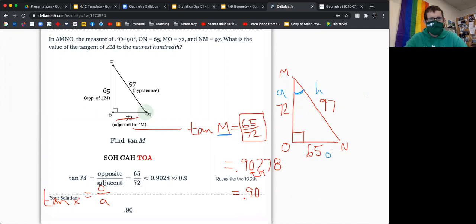We can also think about it this way: the opposite side is about 90% the length of the adjacent side. 65 is about 90% the length of 72. So if OM were 100 in length, then ON would be about 90 in length.